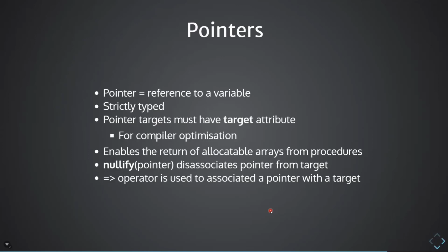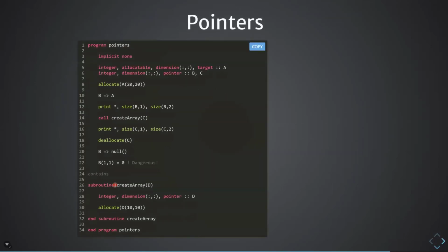There is an operation called nullify to disassociate the pointer from a target, and the equal sign greater than is used to associate a pointer with a target. It's very strict. It's not like what you do in C and C++. These are very strictly defined pointer operations in Fortran. It should be more secure than using raw pointers like you do in C and C++.